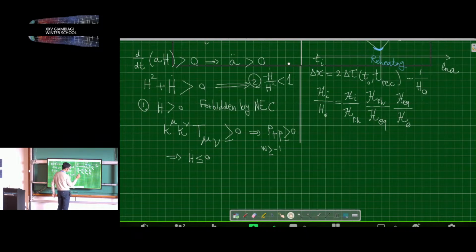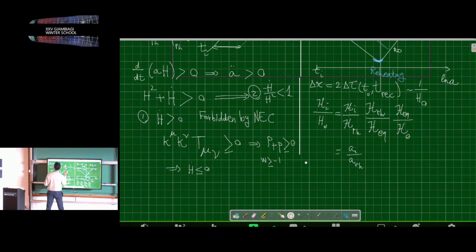And now, assuming that w is close to -1, I can approximate this first factor to be the ratio of the scale factors between this initial point, when the observable size of the universe crosses the horizon. By the way, this is called horizon crossing.